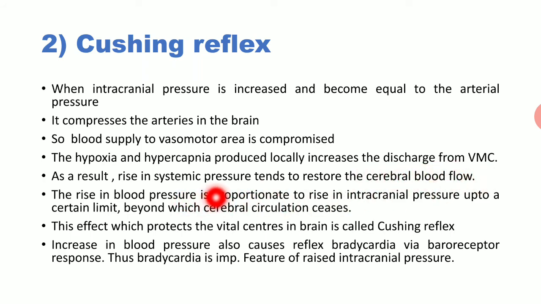As a result, a rise in systemic pressure tends to restore cerebral blood flow. The rise in blood pressure is proportionate to the rise in intracranial pressure up to a certain limit, beyond which cerebral circulation ceases. This effect, which protects the vital center in the brain, is called the Cushing reflex. Increase in blood pressure also causes reflex bradycardia via the baroreceptor response. Thus, bradycardia is an important feature of raised intracranial pressure.